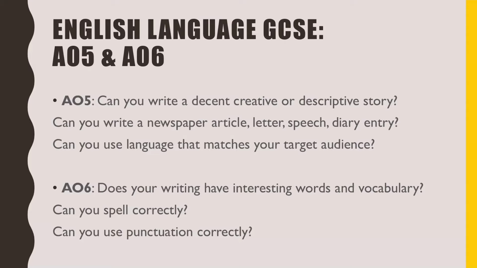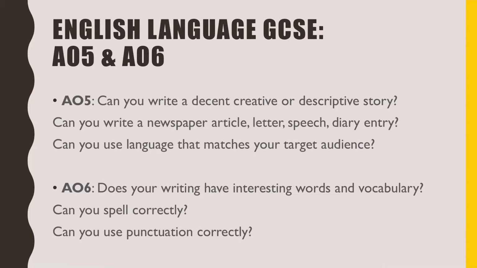AO5 just refers to whether you can write a decent descriptive or creative piece. For instance, can you write a good newspaper article, a letter, a speech or a diary entry? Can you write a good story? But also, can you use language that matches your target audience? For example, writing for a broadsheet newspaper and a slightly more mature reader is very different in terms of the language you use, as opposed to writing for a tabloid newspaper, for instance The Sun or the Daily Mail, because the language will be very different.